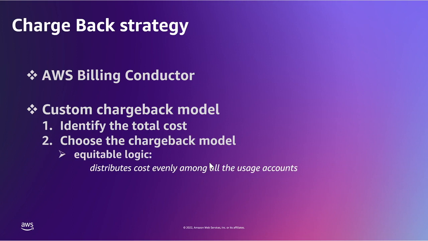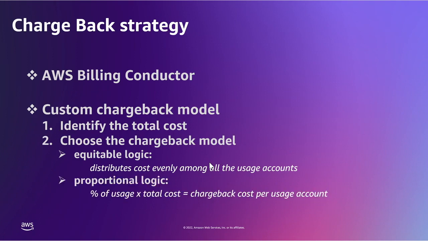You would do an equitable logic, where you distribute cost evenly among all the usage accounts, or a proportional logic, where you find the percentage of usage multiplied by the total cost and then charge back the cost per usage account. There's a good blog written around it. A good colleague of ours will share that with you if you're interested. But these are some of those chargeback strategies that you might want to consider if you are a big customer.